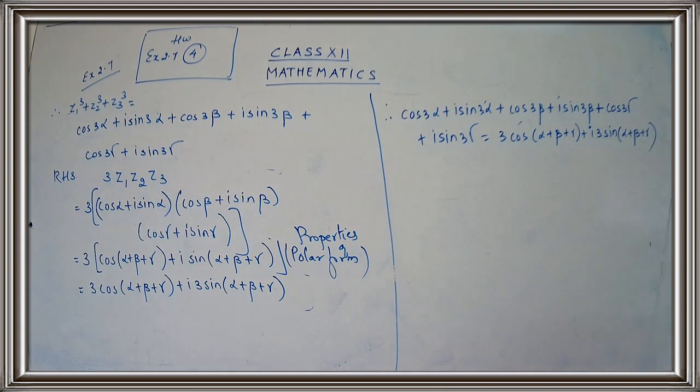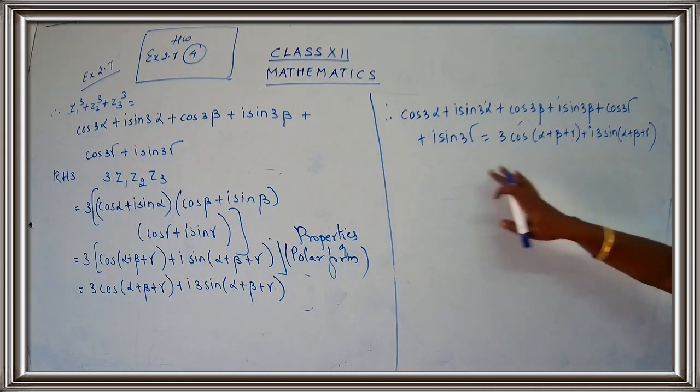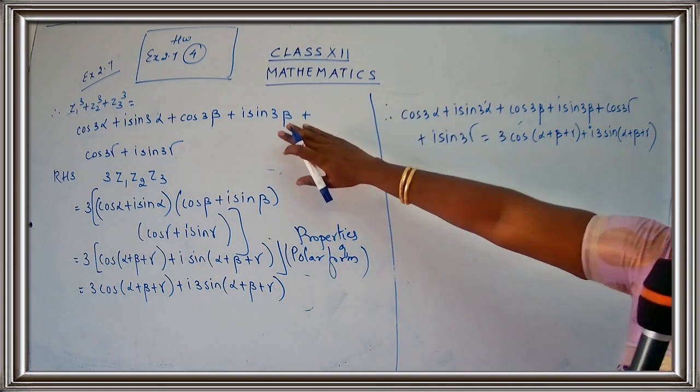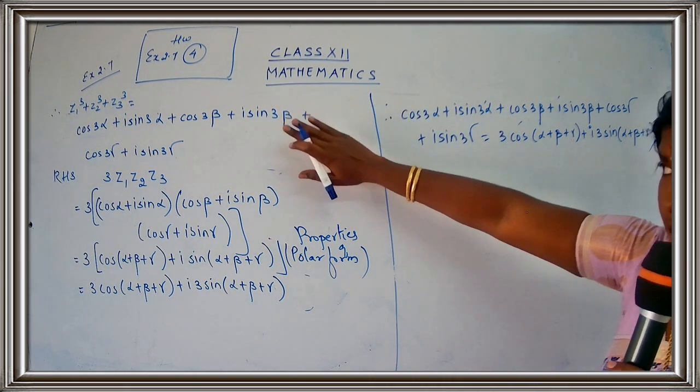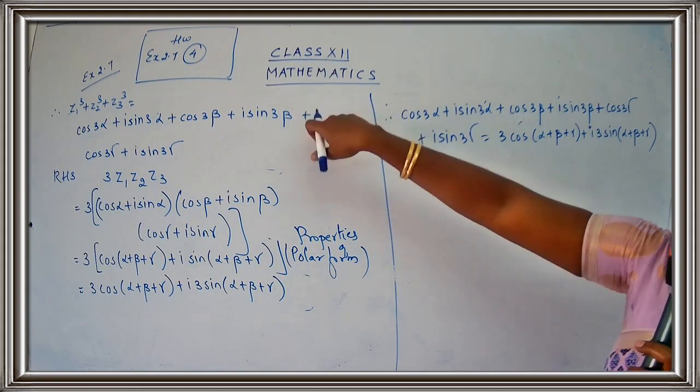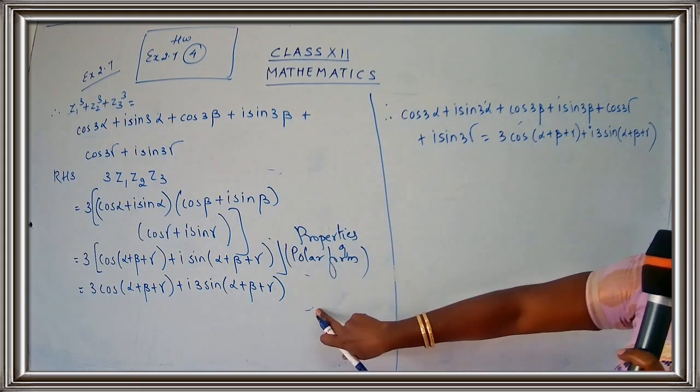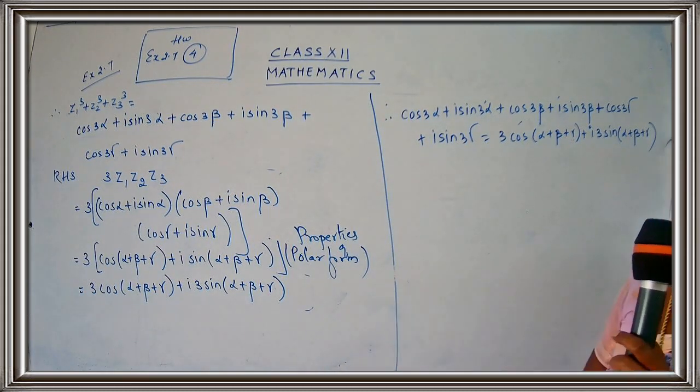So we have mostly arrived at the proof part. We are just reaching the final step, so just stay on the steps, children. I hope you were clear with the LHS part, how we found the answer. For Z1 cube plus Z2 cube plus Z3 cube, we use the De Moivre theorem, and for the RHS we use the properties of polar form.